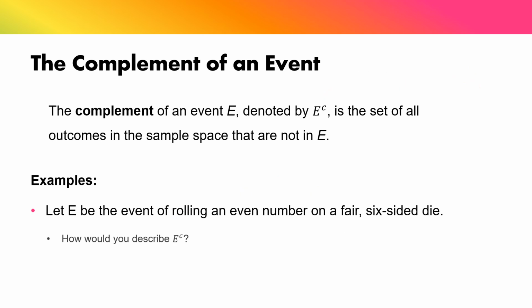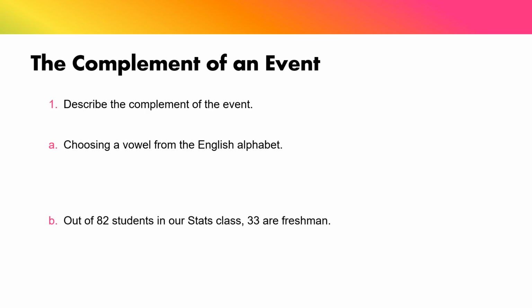Let's look at another example. Let E be the event of rolling an even number on a fair six-sided die. How would you describe E complement? What would be the opposite of rolling an even number? Rolling an odd number, right?